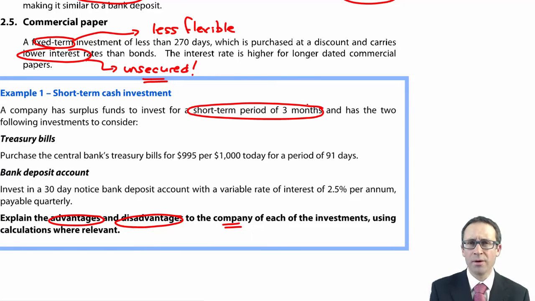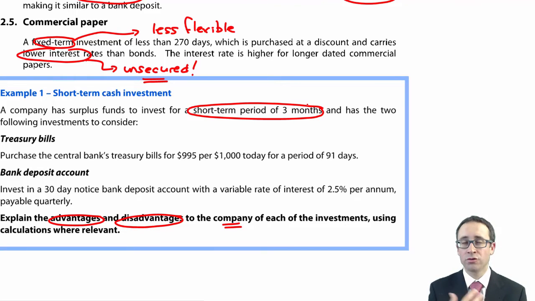Okay, so 3 months isn't very long, is it? So you would expect to get some fairly low returns over that period, and also you would expect for low returns you would have a low level of risk, wouldn't we? Okay, what you've got there are your treasury bills and your bank deposit accounts.